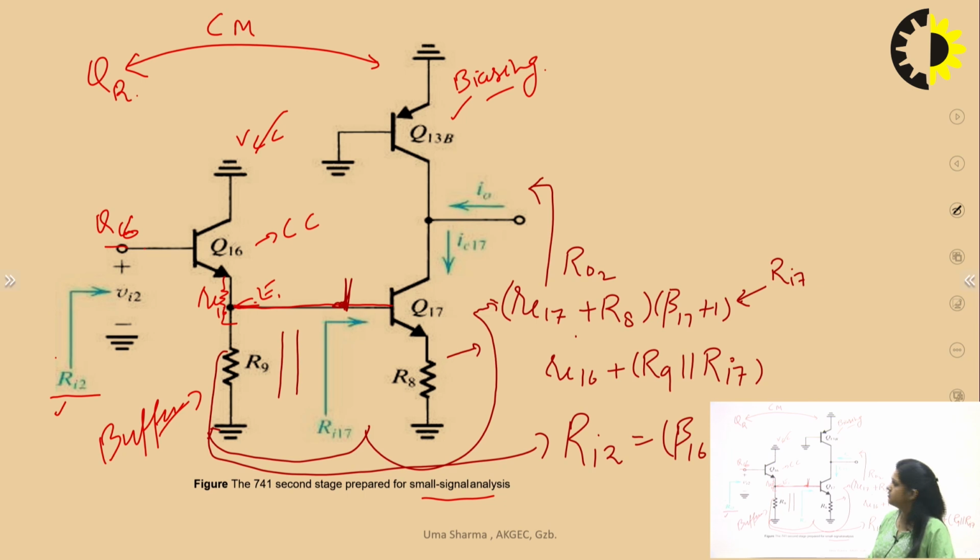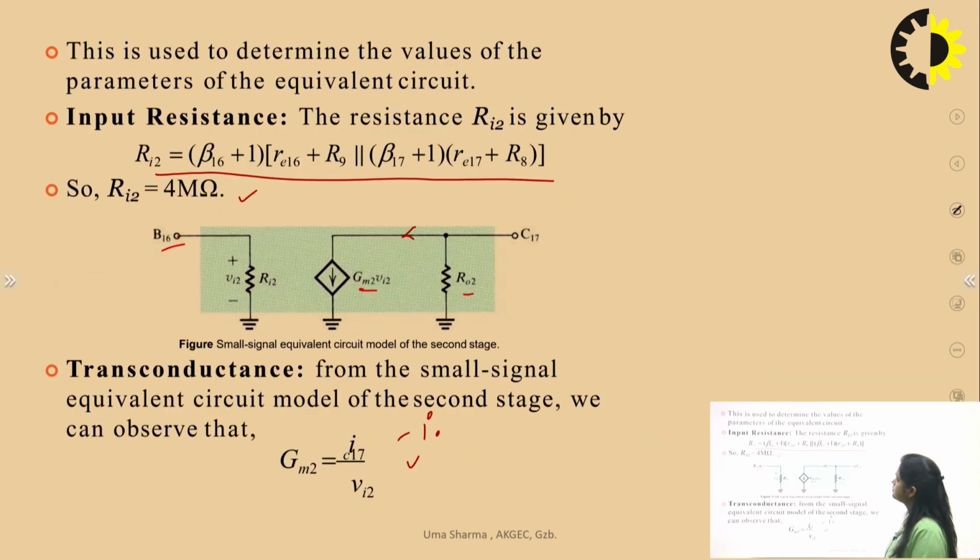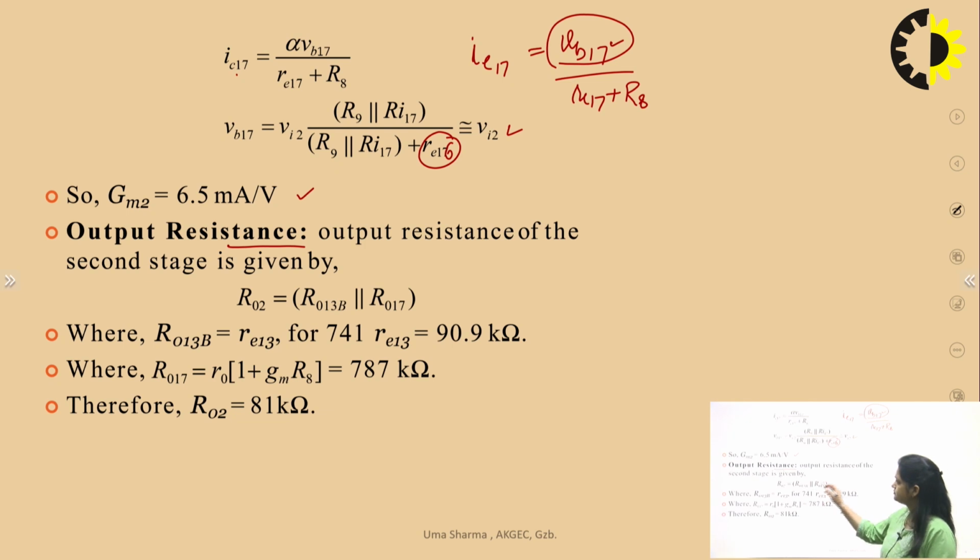The resistance of both the transistors is equivalent to the parallel combination of these. So RO2 can be written as RO13B parallel with RO17. To calculate the output impedance of this stage, first we have to calculate RO13B and RO17.